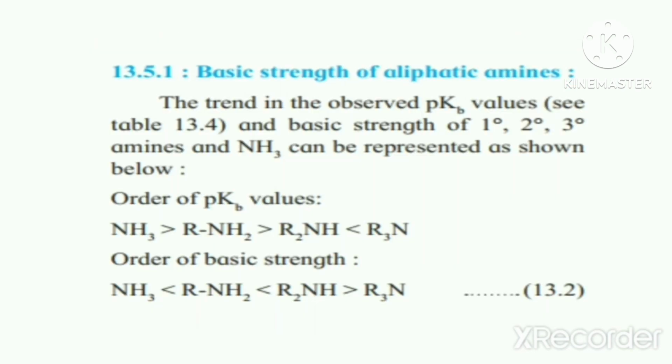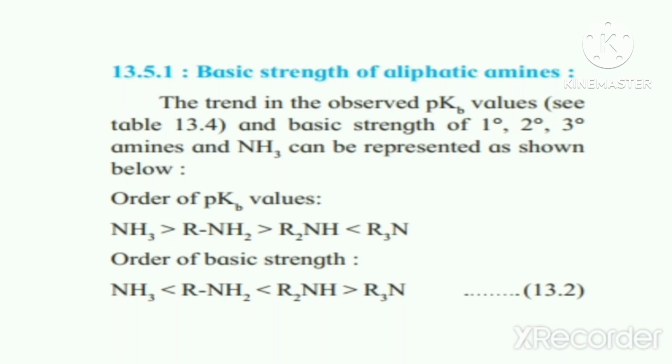Then we will discuss the basic strength of aliphatic amines. The trend in observed pKb values from the table, and the basic strength of primary, secondary and tertiary amines and ammonia, can be represented as follows.